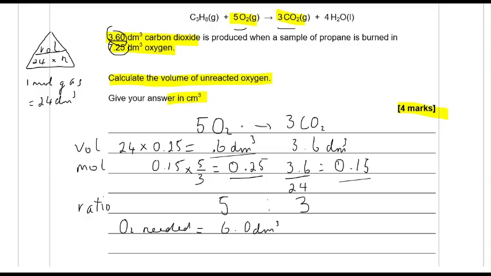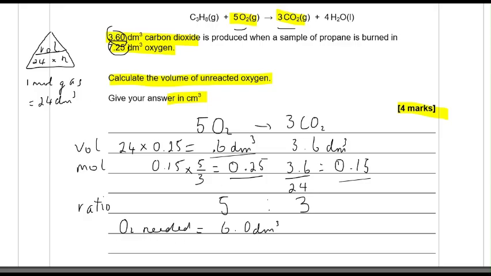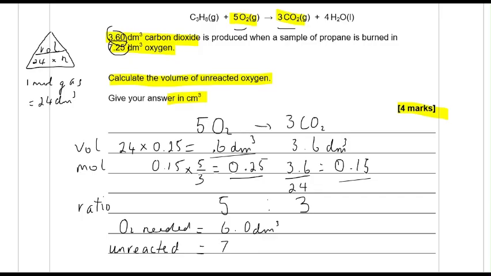So if we go to the question, the propane was burnt in 7.25 decimeters cubed. So now we must remove the 6 litres away from the 7.25 in order to work out the unreacted. So the unreacted oxygen will be 7.25 minus 6.0, which is 1.25 decimeters cubed. Now if we look at the answer line, it wants the answer in centimeters cubed.